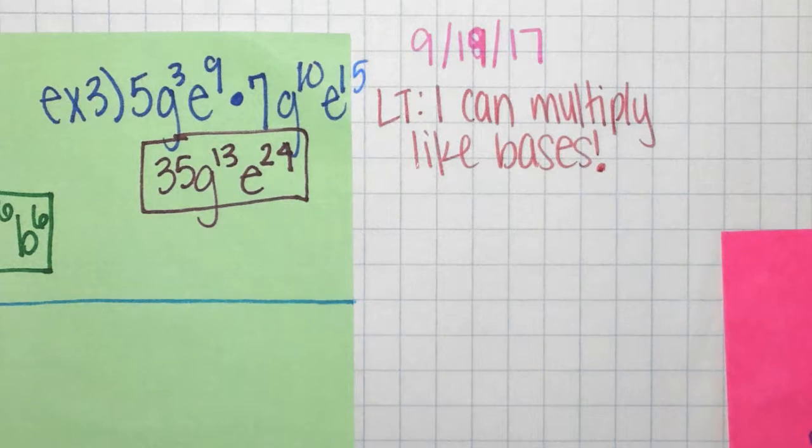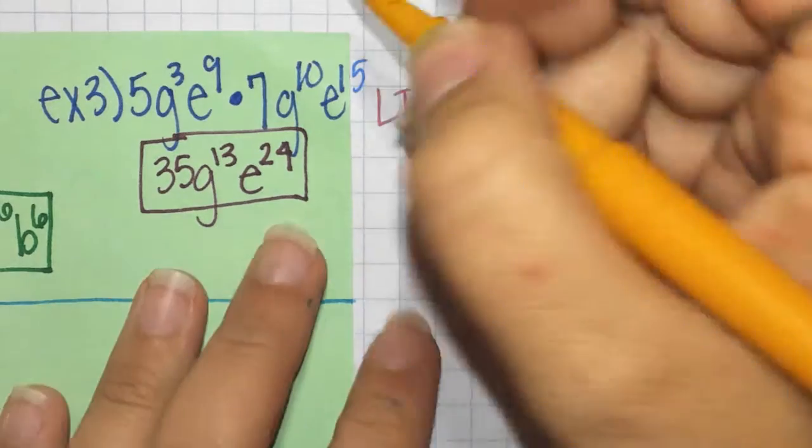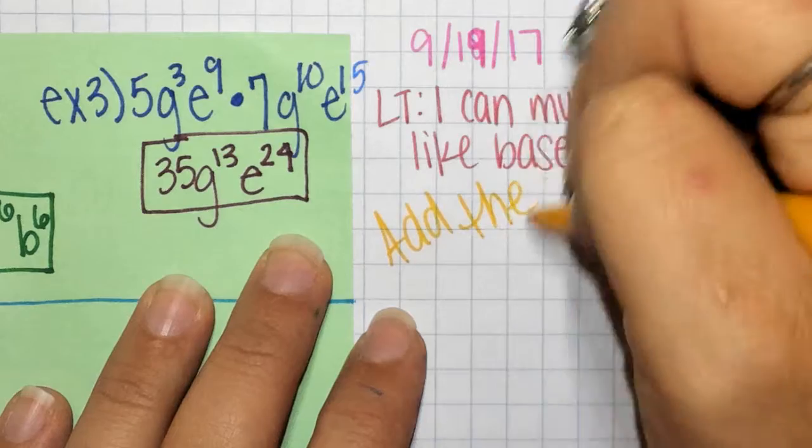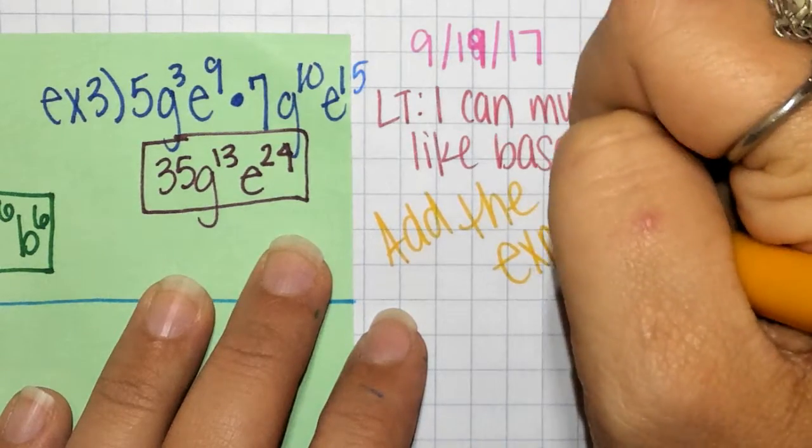And how do you multiply like bases? What do you do to the exponents? Add the exponents. So let's write that. Add the exponents.